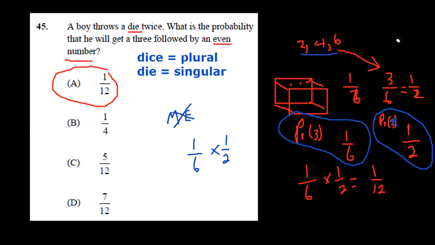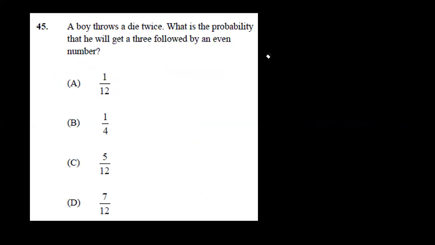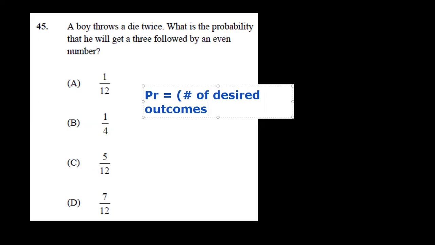Probability questions come from time to time. And by the way, just a formal definition: the probability of an event E in general is equal to the number of desired outcomes over the total number of outcomes.